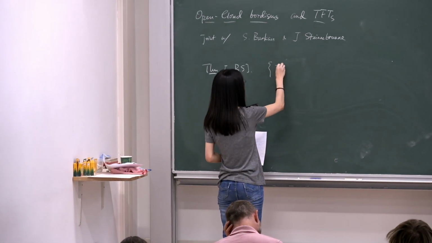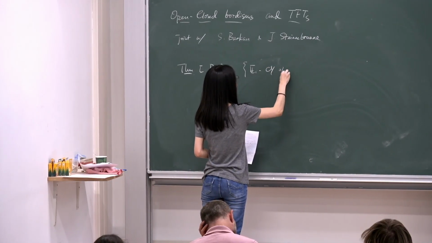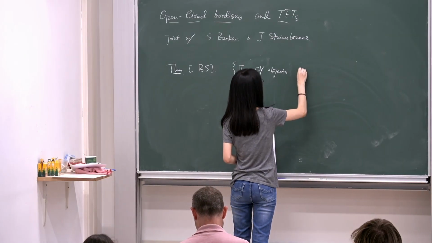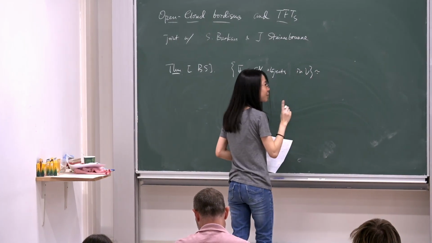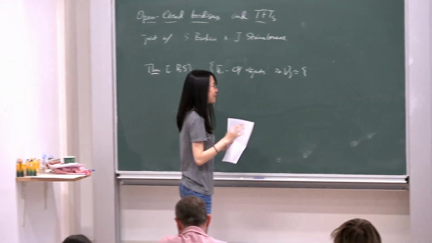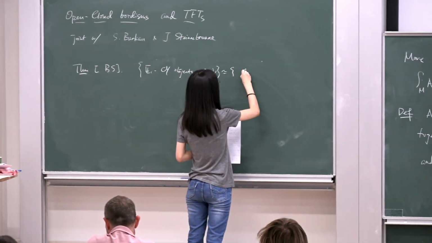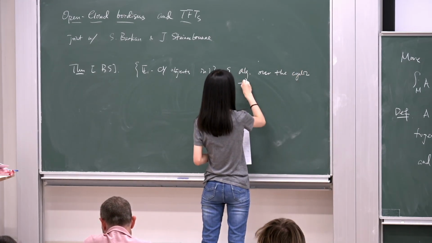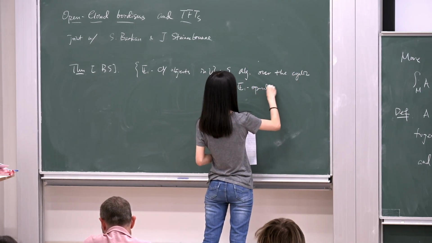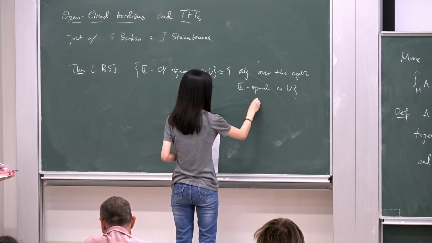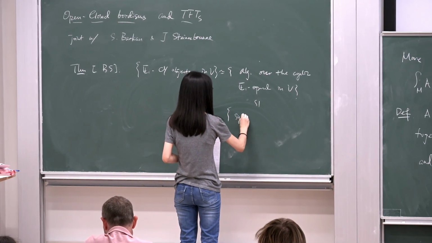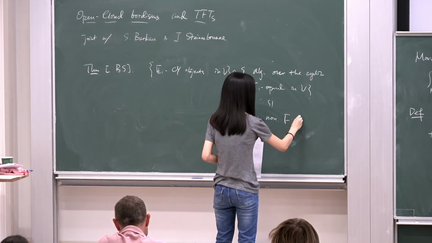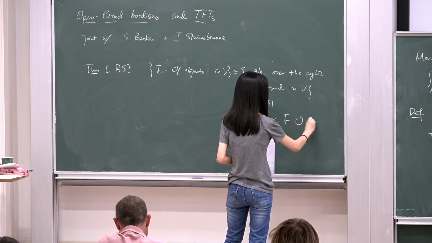Again, fix V. Calabi-Yau objects in V are the same as algebras over the cyclic E1 operad in V, and they in turn are classified by symmetric monoidal functors F from a certain bordism category, called the open bordism category.